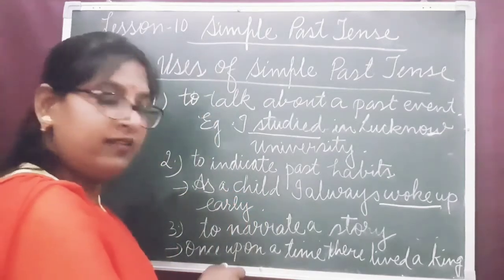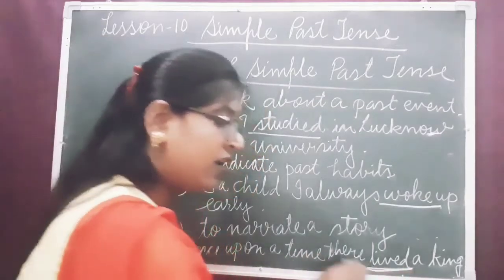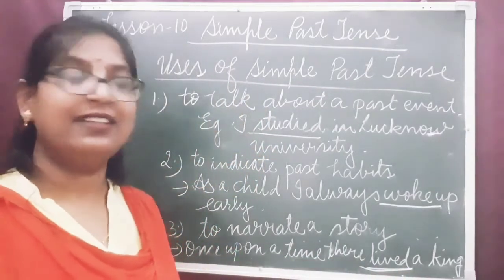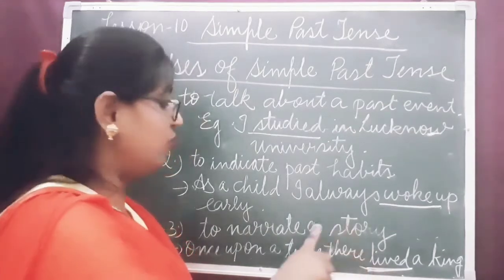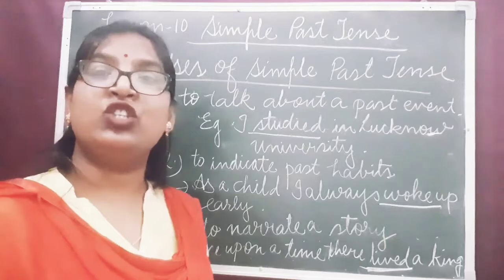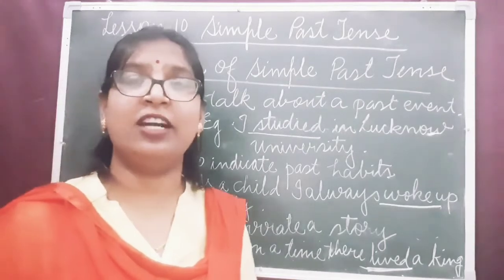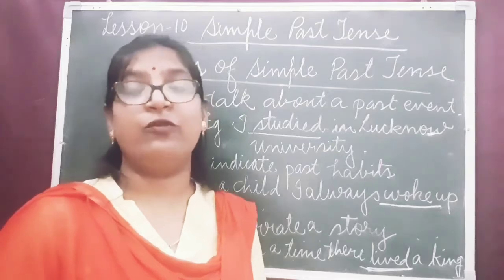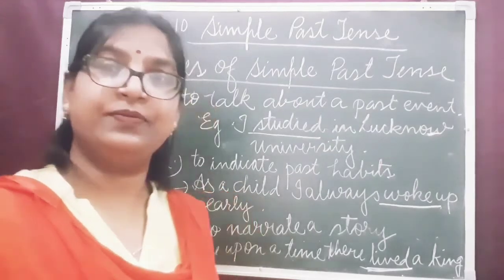Let us see through this example. Once upon a time there lived a king. Likewise, we use past tense to narrate a story, and we will now study the different forms of the verbs in simple past tense.